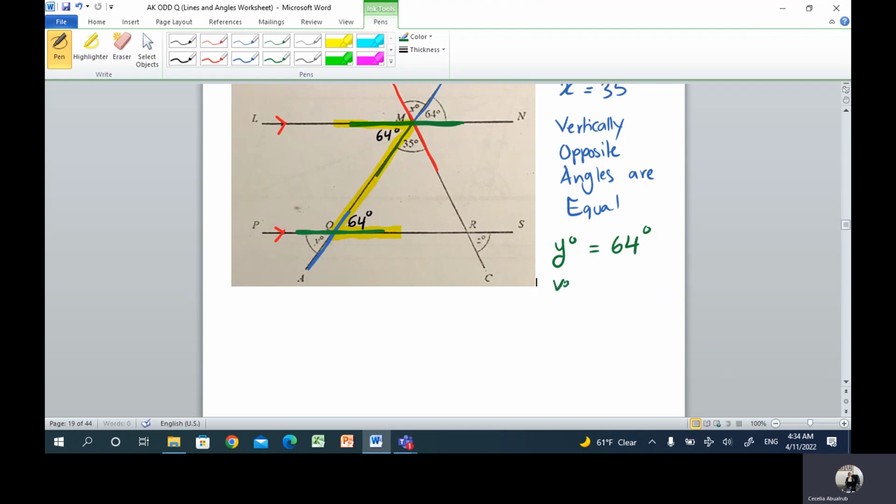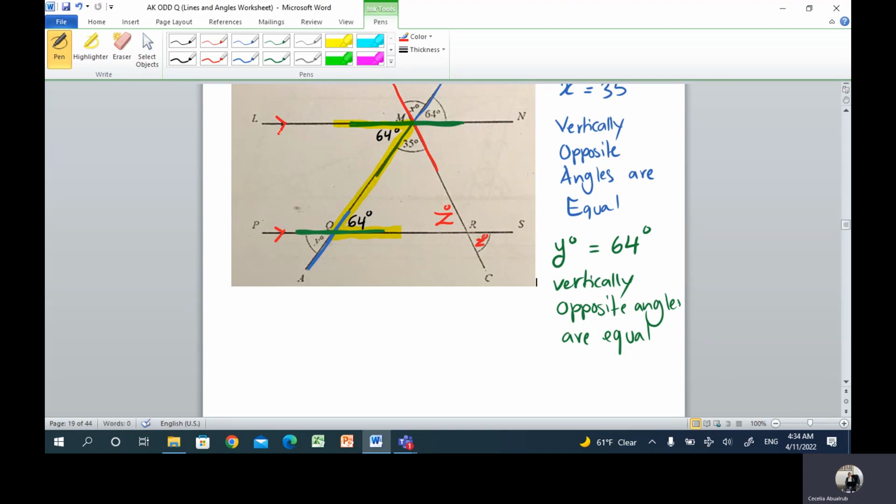Because again, vertically opposite angles are equal. So we found Y. This is 64. Then can we find this angle? If this is angle Z, then this here is angle Z as well.